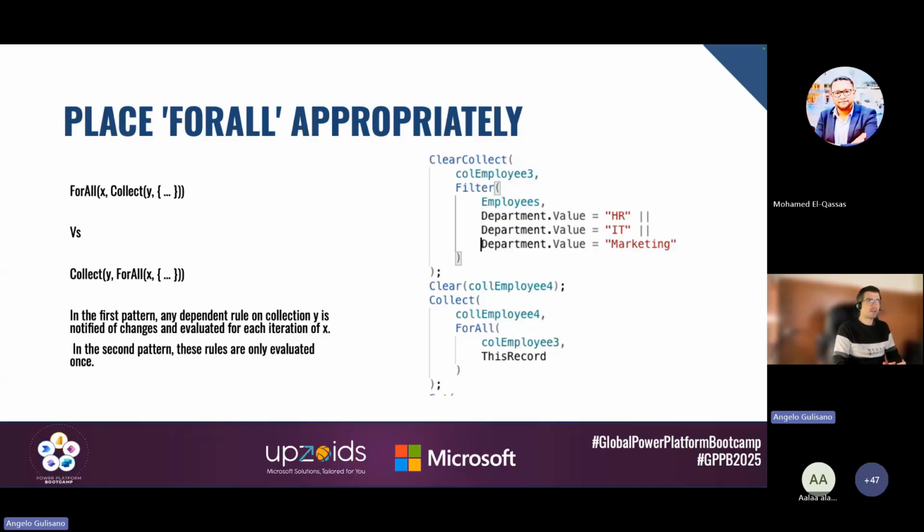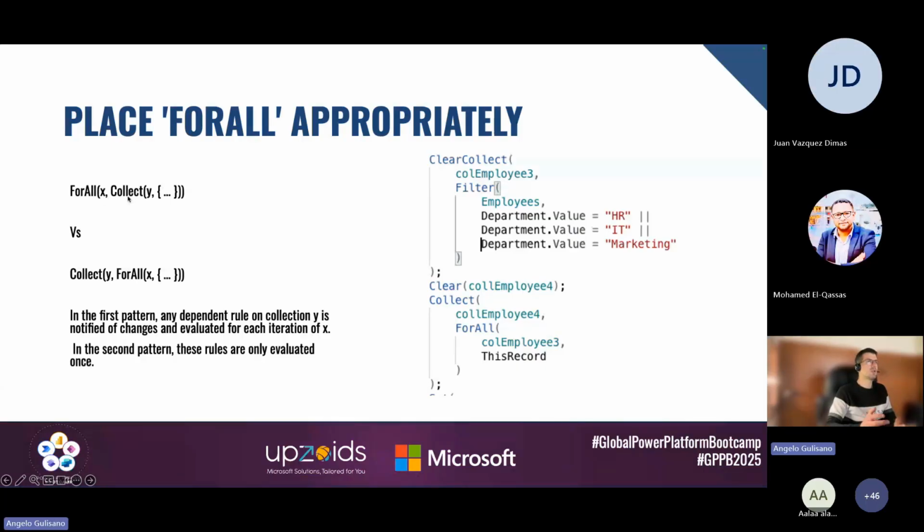Place ForAll appropriately. In this case, I can show two approaches. I have a collection, and if I collect or do something with data in another collection, one approach is to execute ForAll X, Collect Y, so I do something in the Y collection.